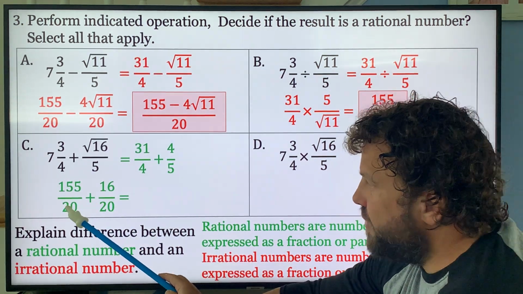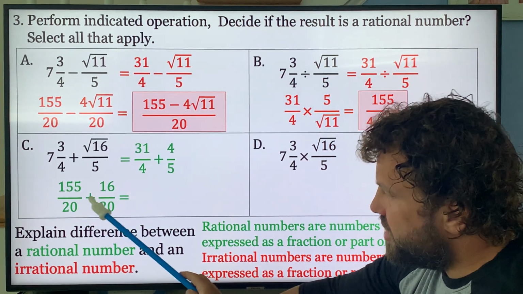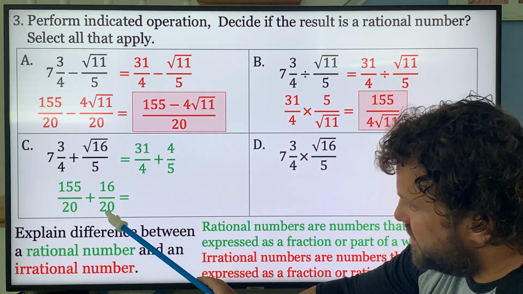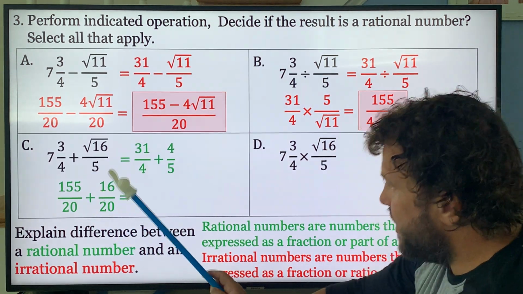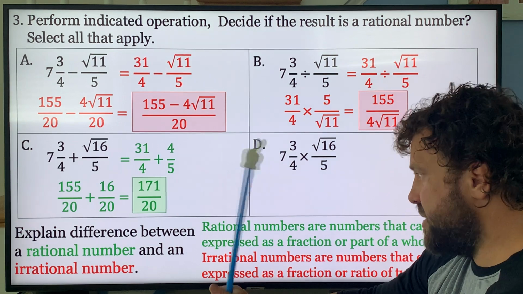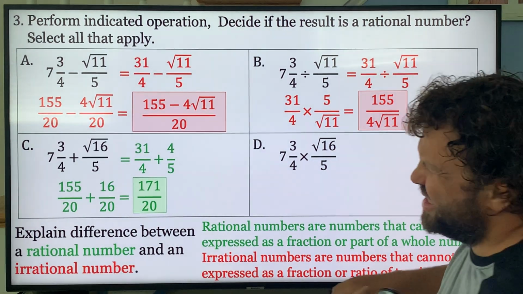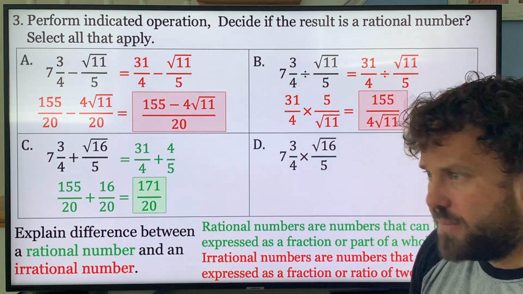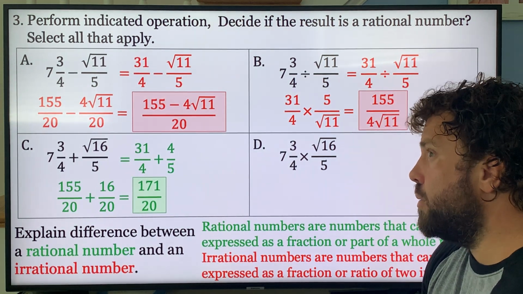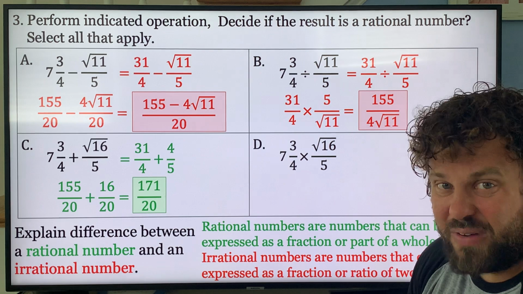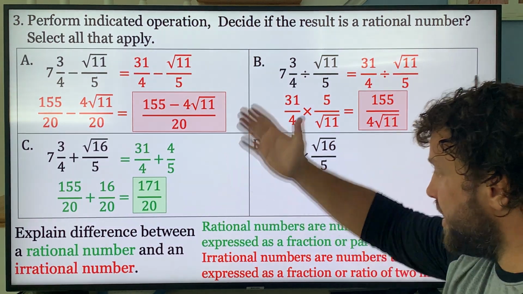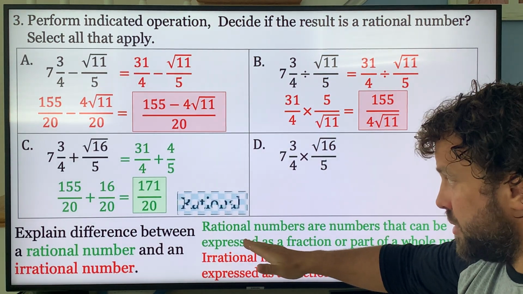If you have the same denominator, you just add the numerators together, and the denominator stays what it is. 155 plus 16 is 171 over 20. You could say that's like 8 and 11 over 20, or 8.55, something like that. Anyway, rational number.